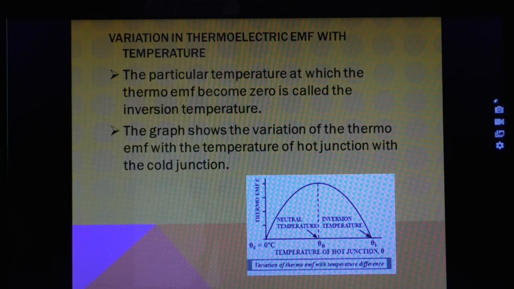The particular temperature at which the thermo EMF becomes 0 is called the inversion temperature. So this is the neutral temperature, and this is the inversion temperature. The graph shows the variation of the thermo EMF with the temperature of the hot junction with the cold junction.